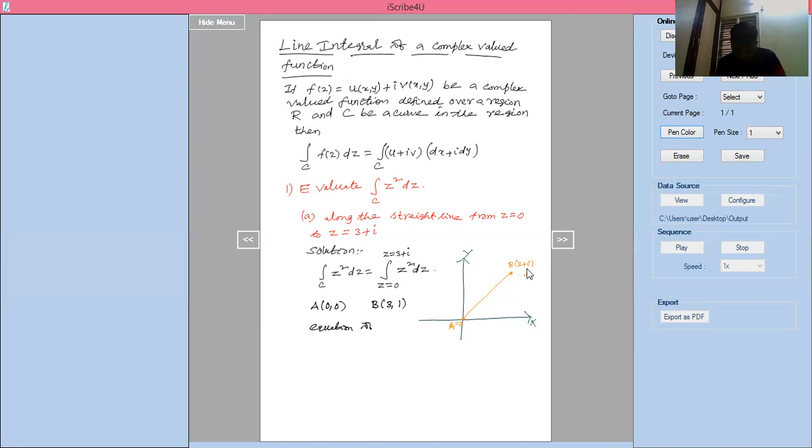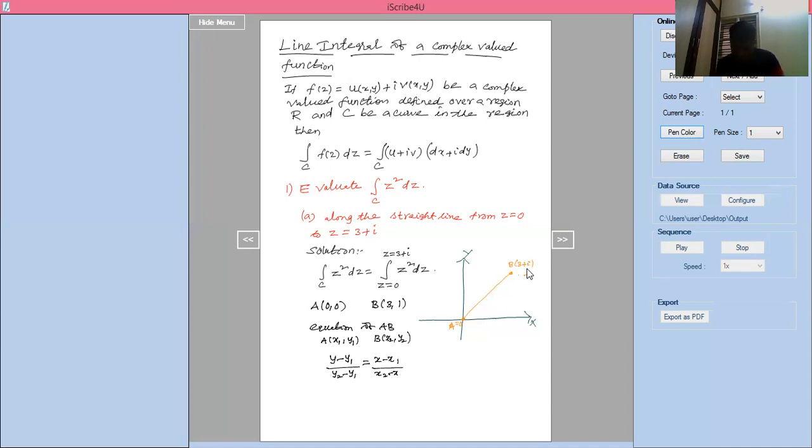Equation of AB. We know that if point A is (x1, y1) and point B is (x2, y2), then the equation of AB is (y minus y1) divided by (y2 minus y1) equal to (x minus x1) divided by (x2 minus x1).